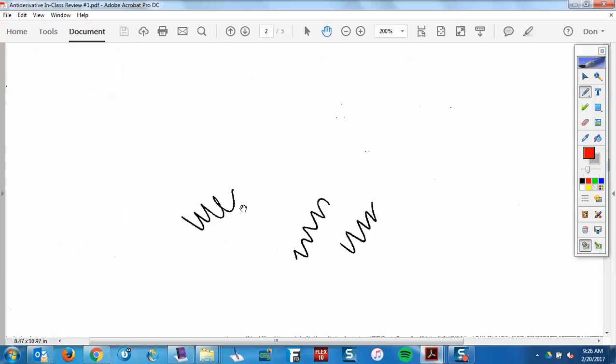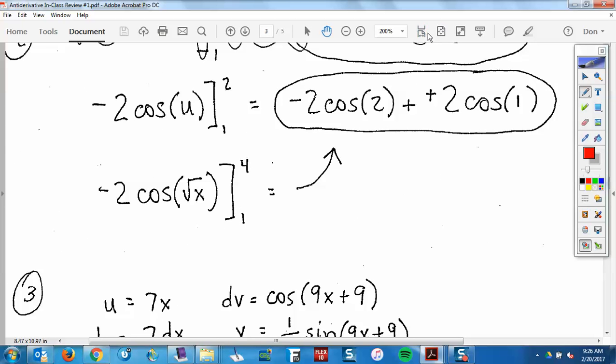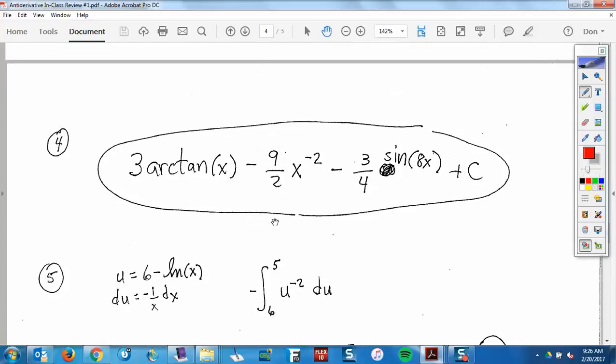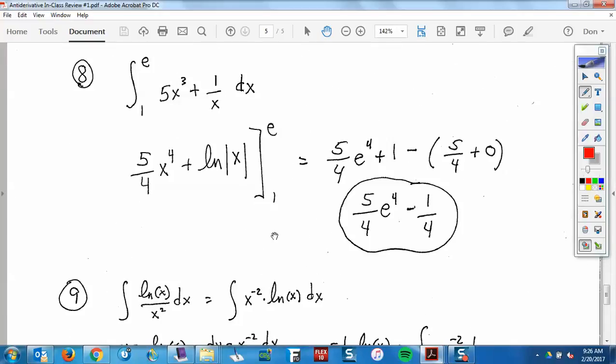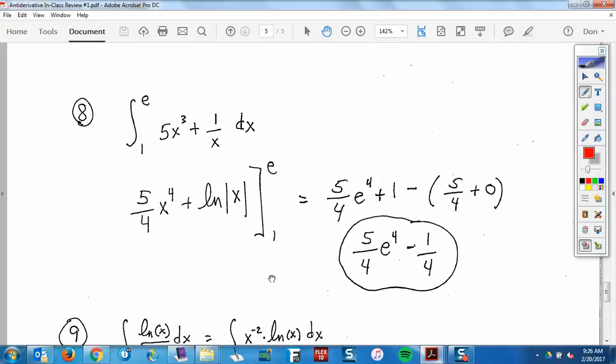Split that apart and then put in your number 8. 5 fourths e to the fourth minus 1/4? No, yeah. So I'm glad you said that.